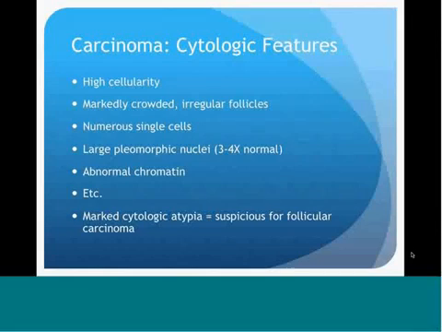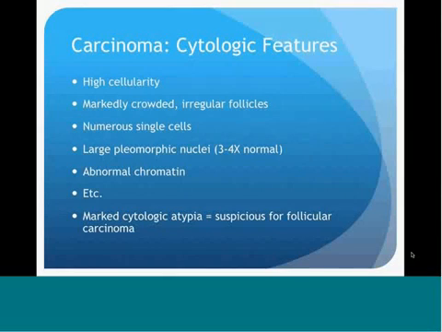There's usually a high cellularity, so there's lots of cells to deal with. You don't usually have sparsely cellular specimens in carcinomas. There are irregular follicles. They're very crowded. Sometimes you have single cells. You have large pleomorphic nuclei. You have abnormal chromatin.